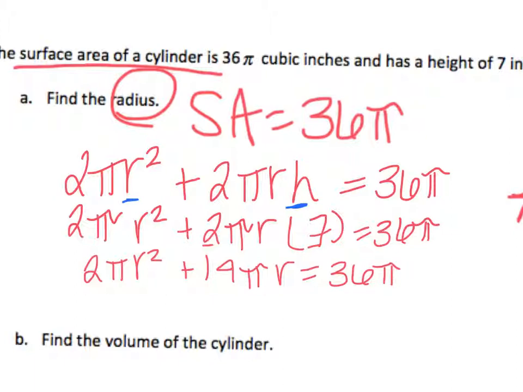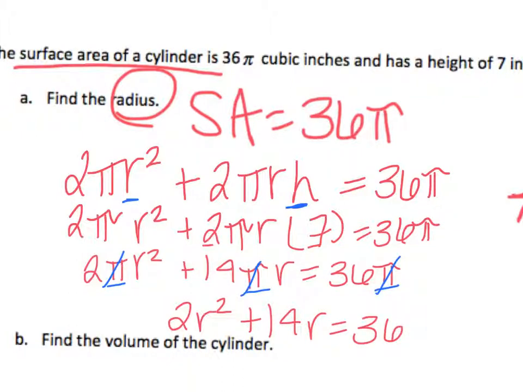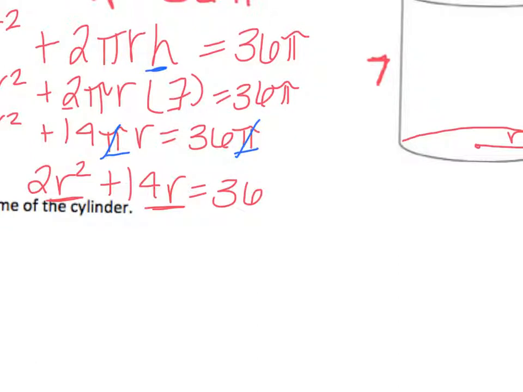Now, since every single term has a pi in it, I can divide out the pi's. So now I have 2r squared plus 14r equals 36. Anytime you have a variable squared and a regular variable, you want to go ahead and factor that. So remember, to factor, you want to get everything equal to 0.